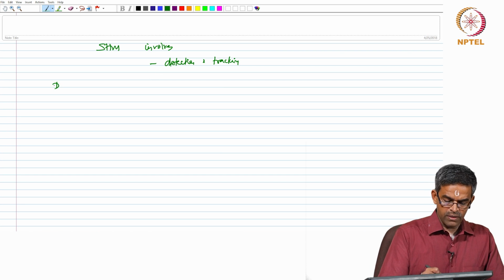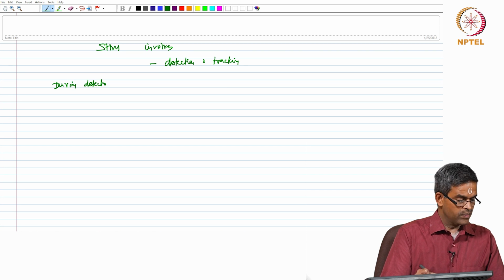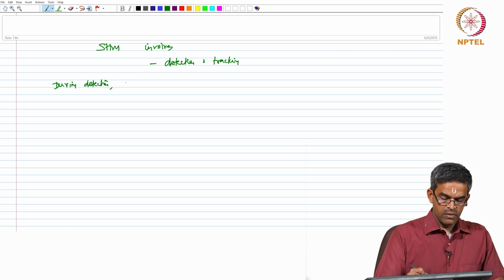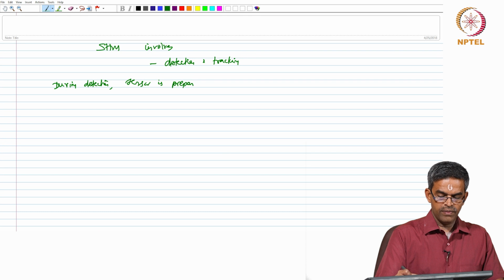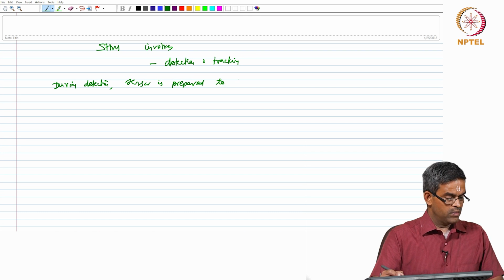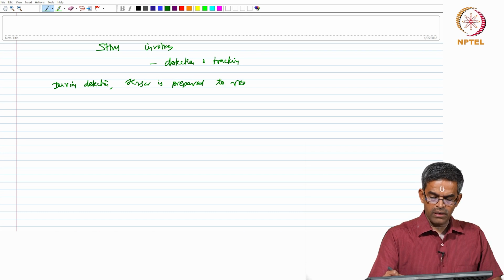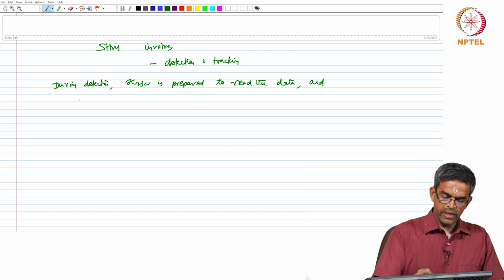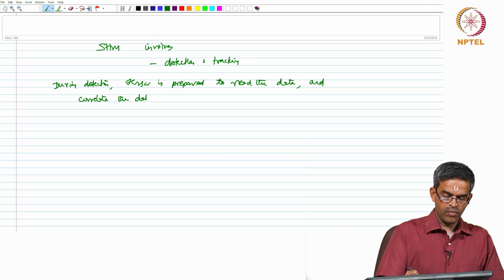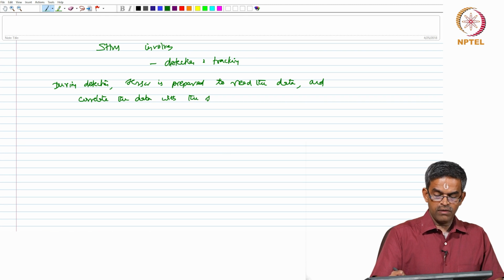So during detection, the sensor is prepared to read the data and correlate the data with the sensitivity of damage.